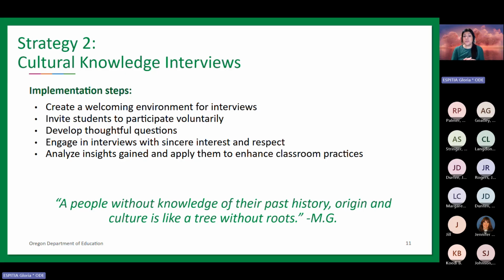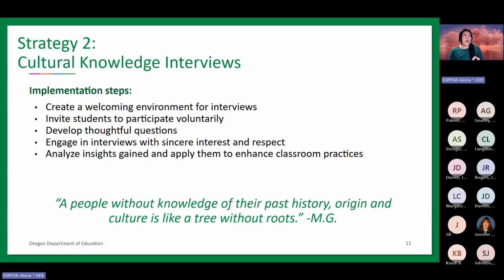And then during the interviews, we want to use thoughtful and open-ended questions. And as we're engaging with the interviews, ensuring that we're showing our sincere interest and our respect for what we're hearing. And then after the interview, really analyzing the insights gained and thinking about how they can be applied to enhance classroom practices.